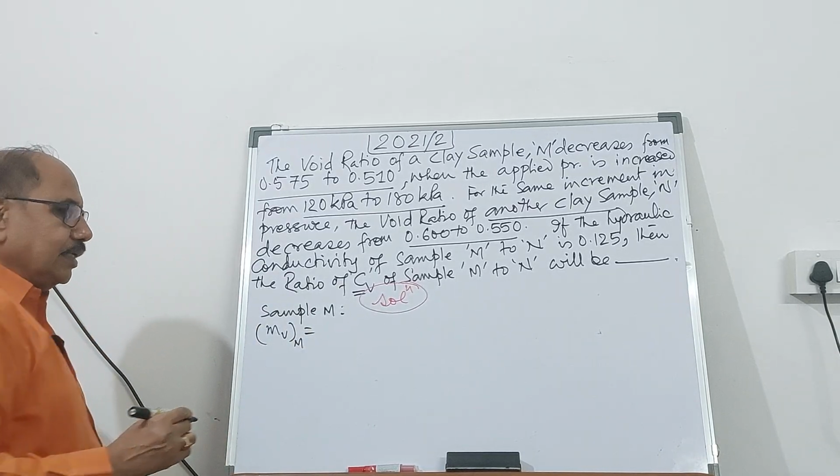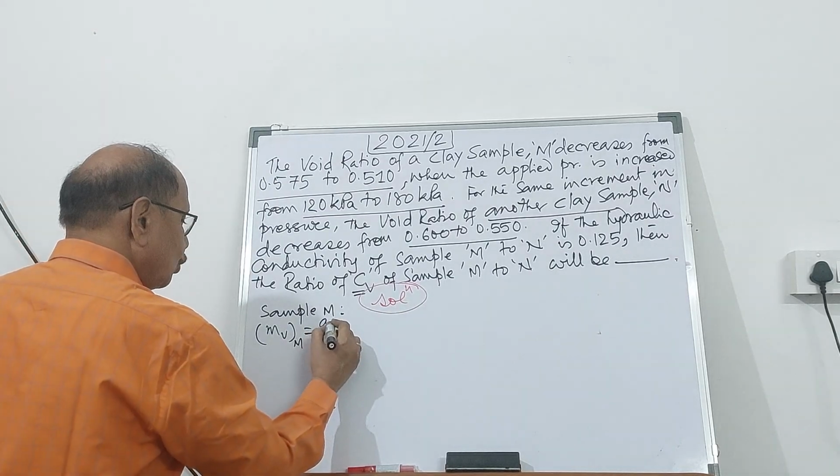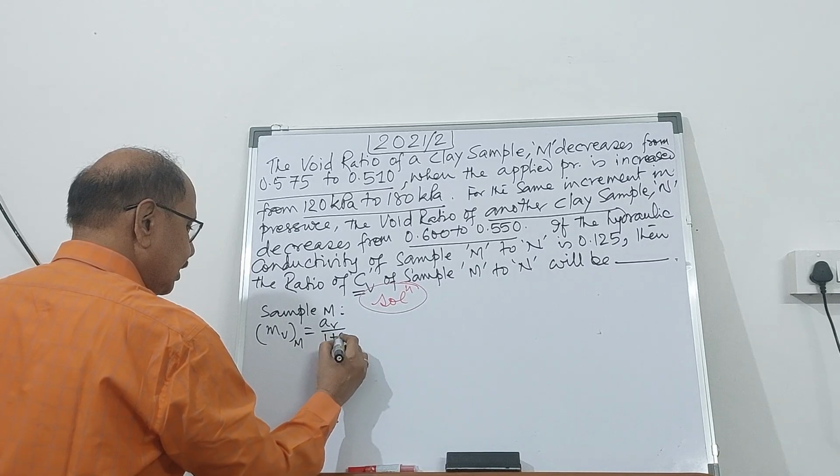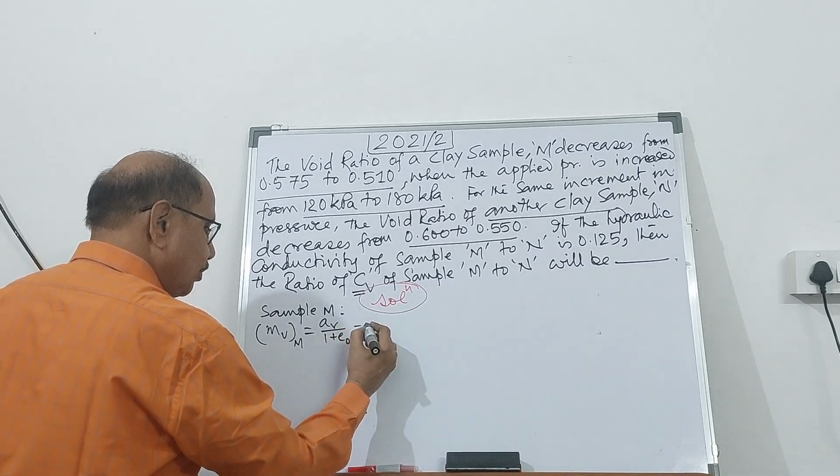You know it. That is going to be coefficient of compressibility AV divided by 1 plus e naught. And what is coefficient of compressibility?